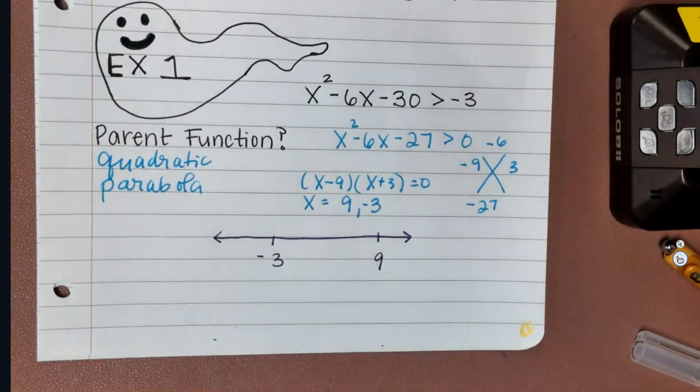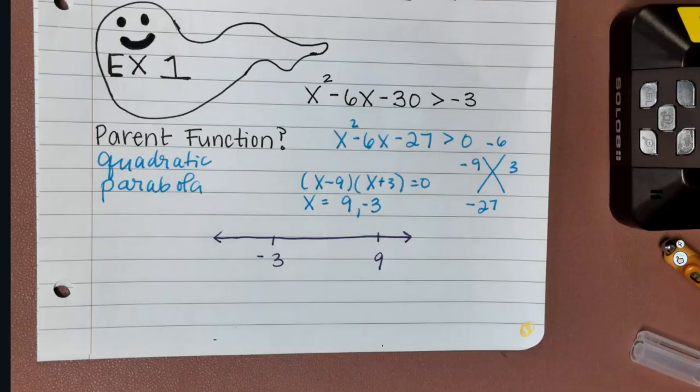So once I put in those answers, I just broke this number line into 3 parts. So I need to test 3 parts of that number line to see if I get a true or false number sentence. So I'm going to plug in some values for x, some inputs, and see if I get a true number sentence based on the original problem.